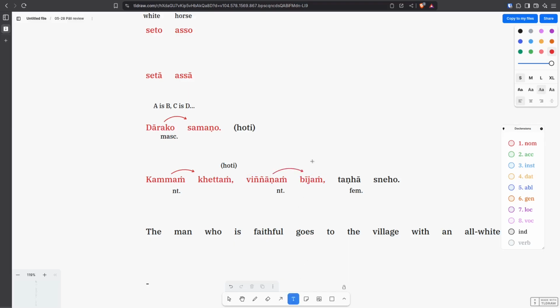Again, hoti is just implied. And craving is the moisture. Taṇhā, feminine, has nominative form with this ā ending, and the moisture is again in the nominative form to agree with the case of taṇhā. So taṇhā is the moisture, and again, hoti.